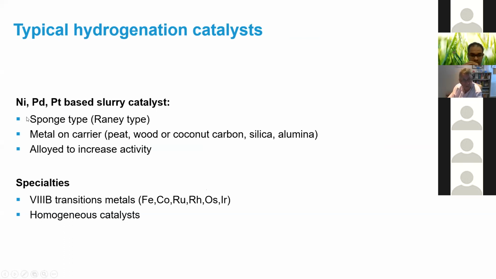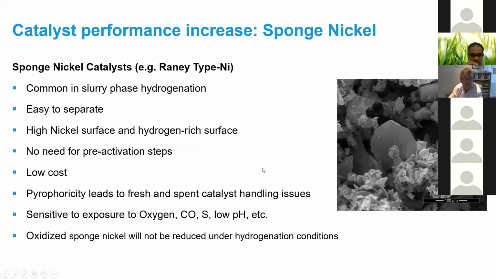And I'm going to talk to you about this so-called Raney sponge type, and I'm going to talk to you a little bit about metal on a carrier as well, and how we can compare and contrast those.